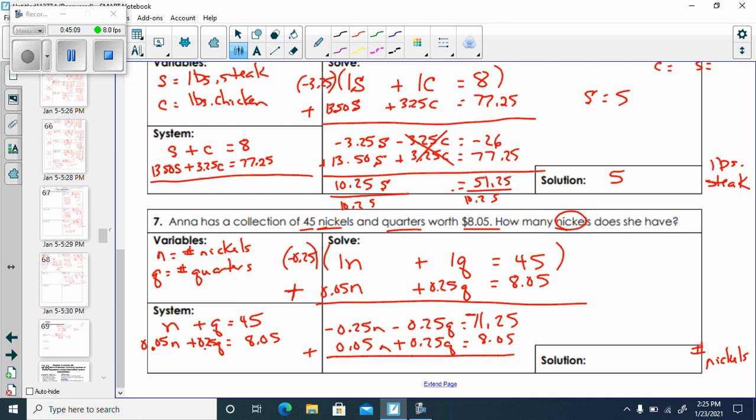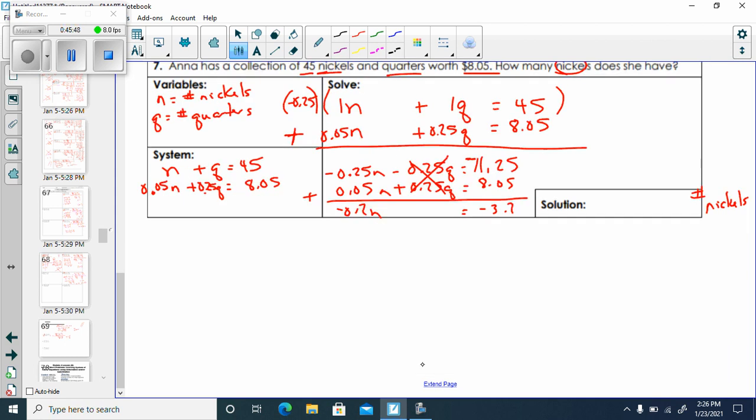Now, since we're adding everything, these two, negative 0.25 plus 0.05, that would give me negative 0.2N. These two cancel, that gives me 0, so it's gone. Negative 11.25 plus 8.05. And that would give me negative 3.2.